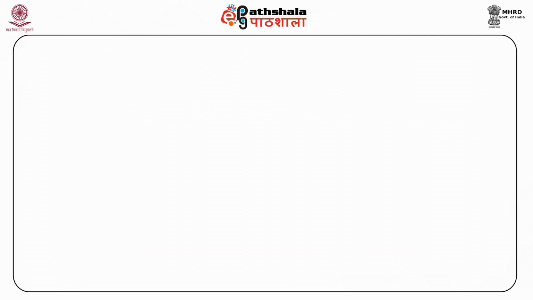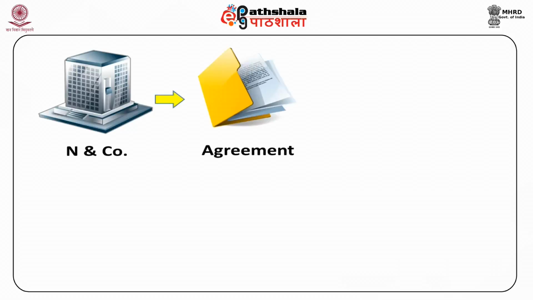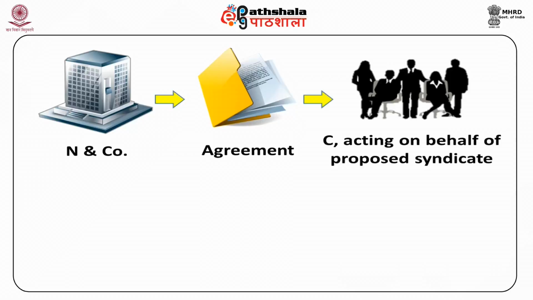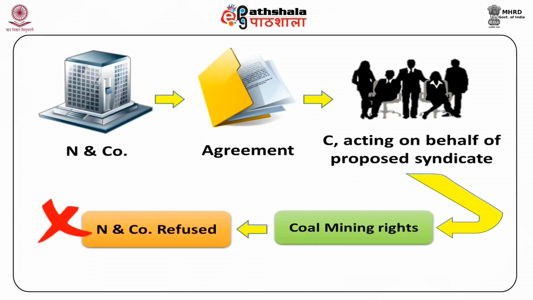We shall now discuss the case of N and Company. N and Company entered into an agreement with one C who acted on behalf of a proposed syndicate. Under the agreement, N and Company was to give the syndicate a lease of local coal mining rights. The syndicate was then registered and asked N and Company to give these rights, to which N and Company refused.